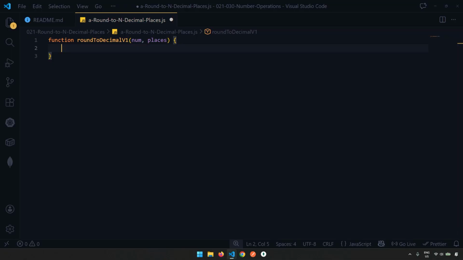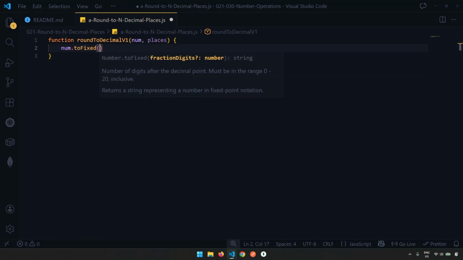For the first solution, I'm going to use the toFixed method, which is going to restrict a number to a specific number of decimal places. We have this method available on numbers, but the thing with this is that toFixed actually returns a string.